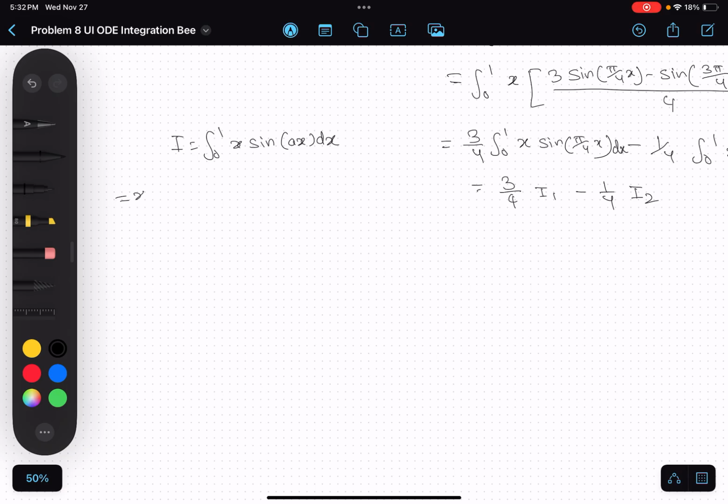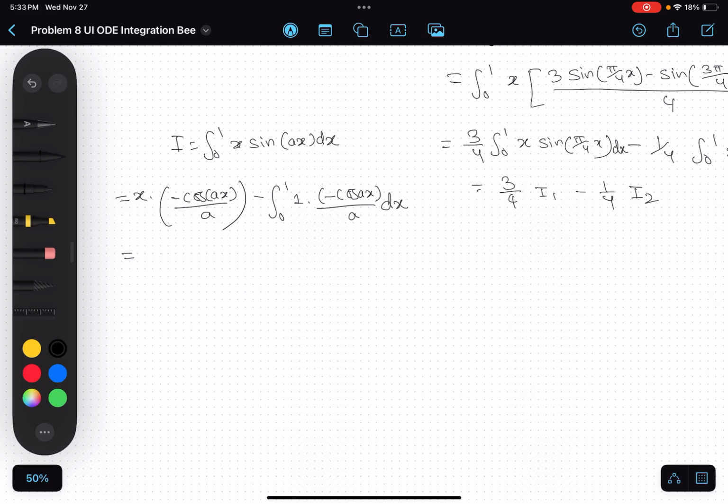So x, the integral of sin(ax) is just minus cos(ax)/a, right? And then we will have minus an integral from 0 to 1, derivative of x is 1, integral of sin(ax) is minus cos(ax)/a dx, right?